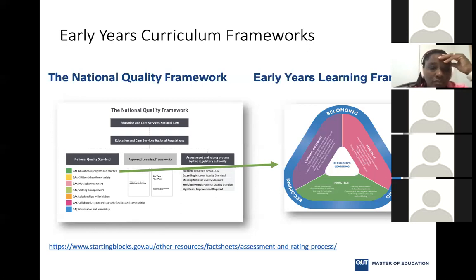Their earliest development and learning takes place through these relationships, particularly within families who, of course, are children's first and most influential educators. As young children participate in everyday life, they develop interests and construct their own identities and understandings of the world. This is the basis of belonging, being and becoming, which you will be reading about in your readings.